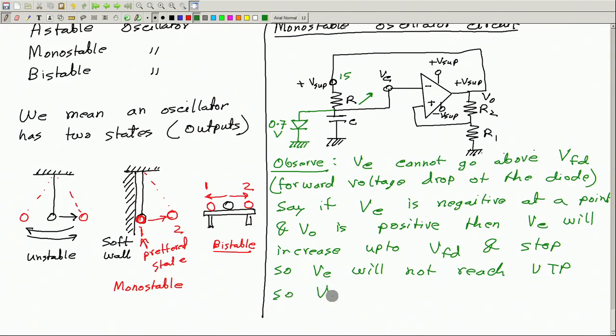So, Vo will not be negative on its own. Okay? So, if the output is positive, it is not going to switch back to negative. So, Vo will not be negative.